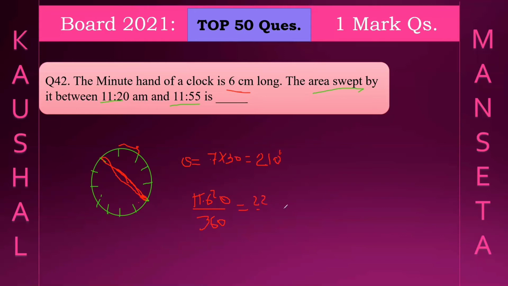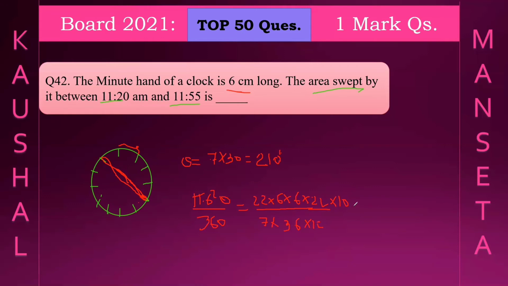So 22 upon 7 into r square, which is 6 into 6, into 210 upon 360. We can write 210 as 21 into 10, and here we can write 36 into 10. Yes or no?